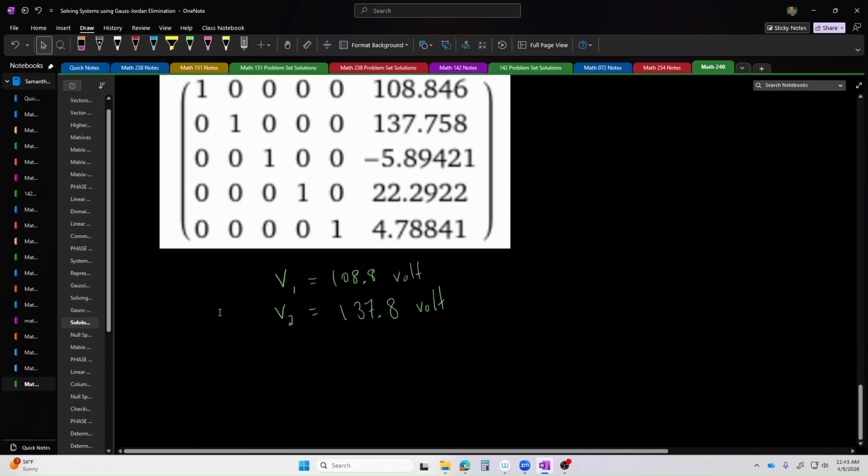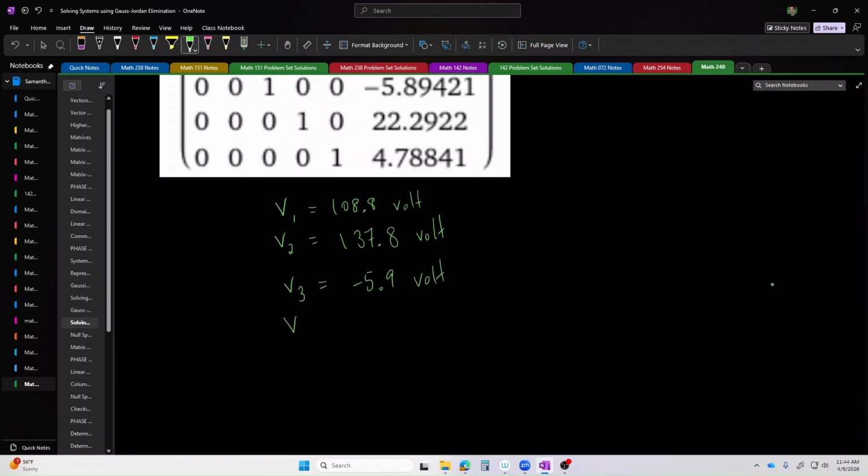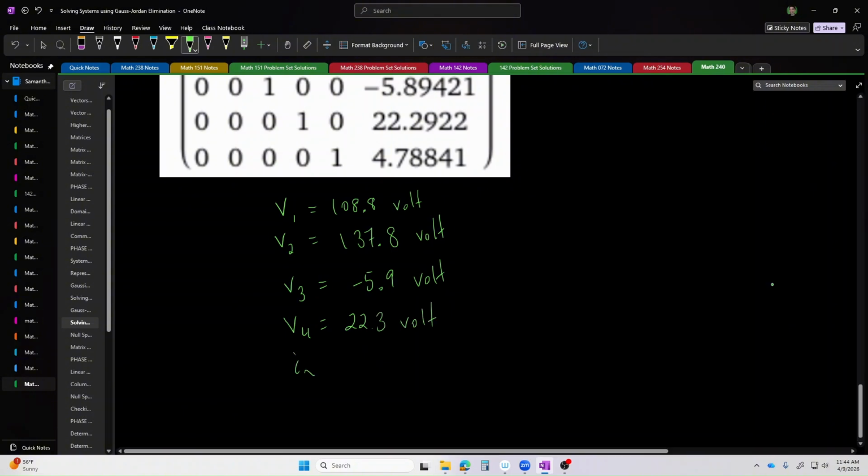V3, the third voltage, would be equal to -5.9 volts. So it looks like a voltage drop is happening there. We have V4 being equal to 22.3 volts. And then we have the current Ix as labeled in his circuit being equal to 4.8 amps.